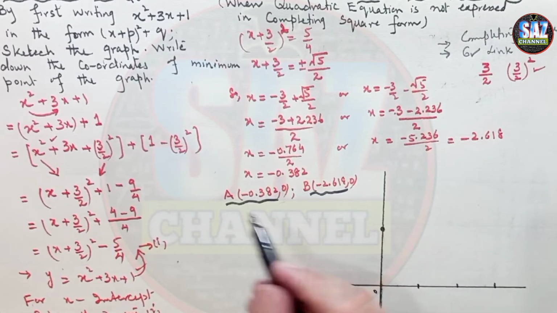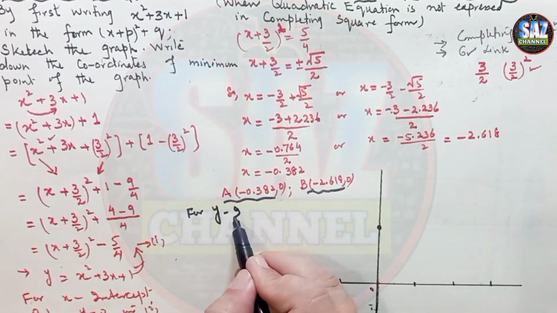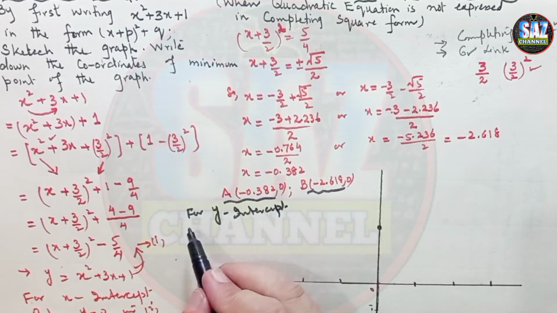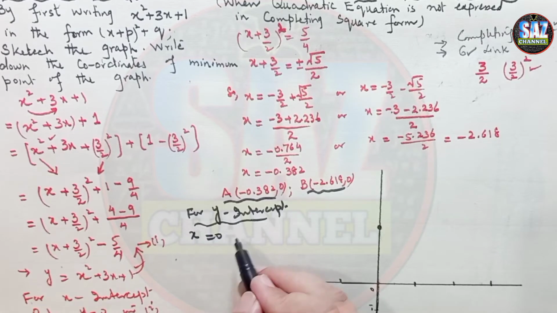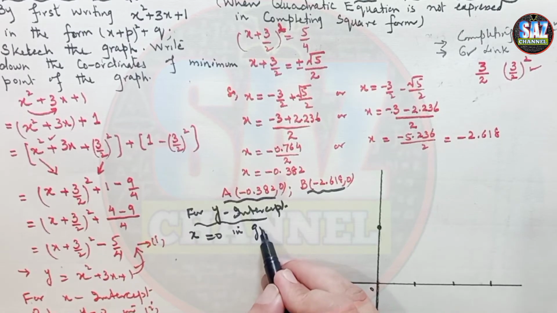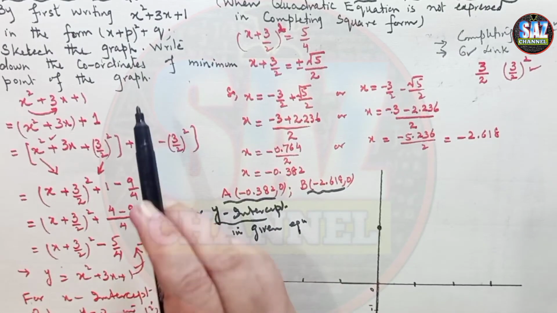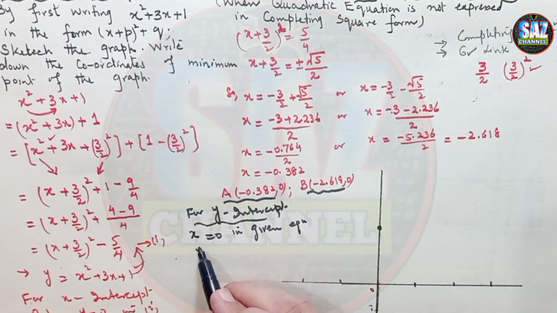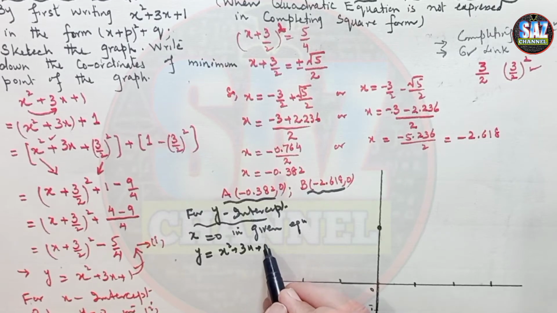Okay, for the y-intercept, we have to put x equals 0 in the given equation. This time we'll have the experience of putting x equals 0 in the given equation. y equals x square plus 3x plus 1.